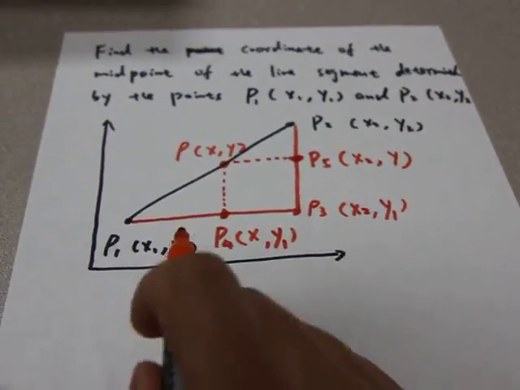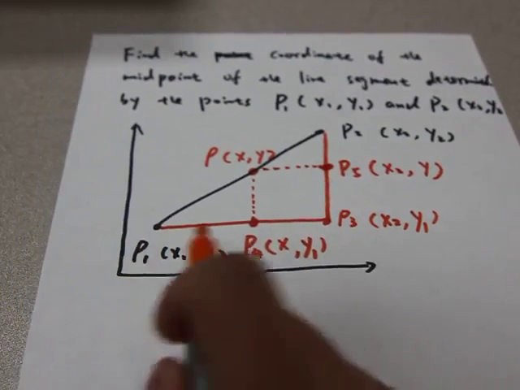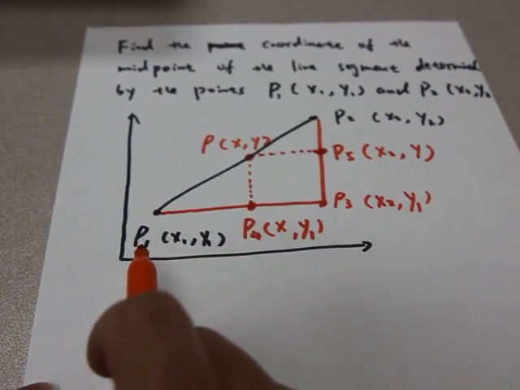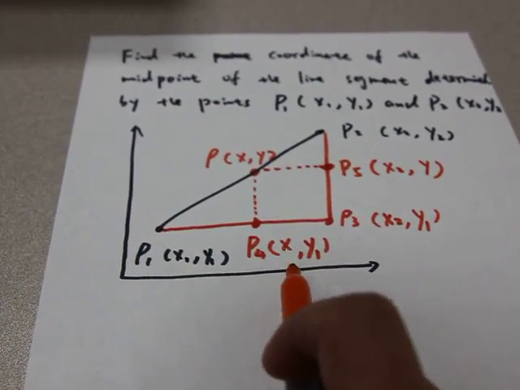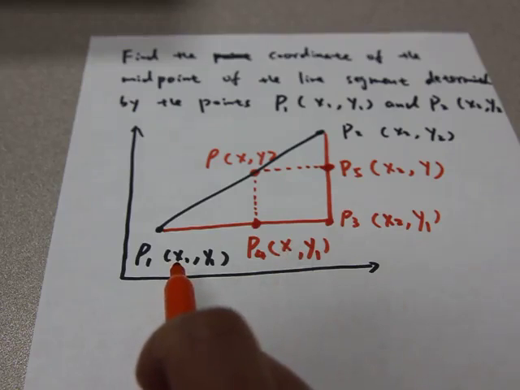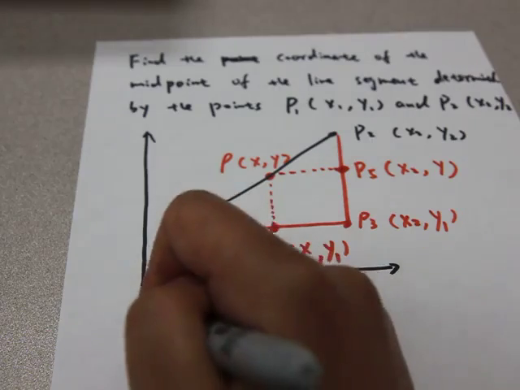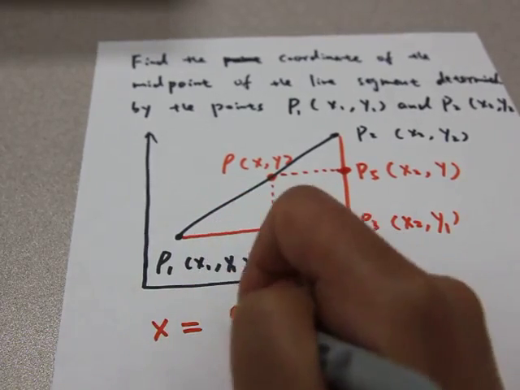Okay. Now, because P4 is the middle point between P1 and P3, x is located 1/2 of the distance from x1 to x2. So we can determine x.